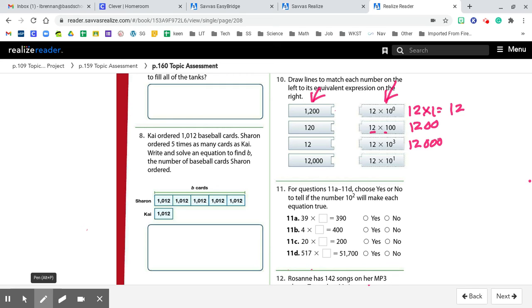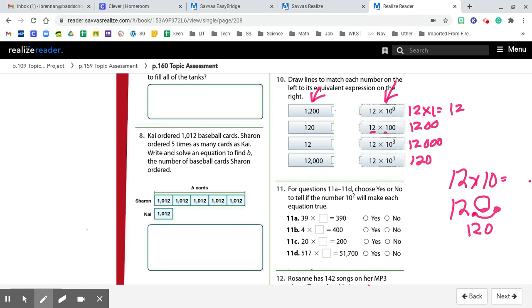And really what you're doing here, let me just pop down here. 12 times 10. As a preview for the next chapter, when I say 12 times 10, what I'm really doing is I'm taking the invisible decimal that's sitting there after the 12, and I'm moving it over one place value, and I'm chucking a 0 in there to hold the place value.